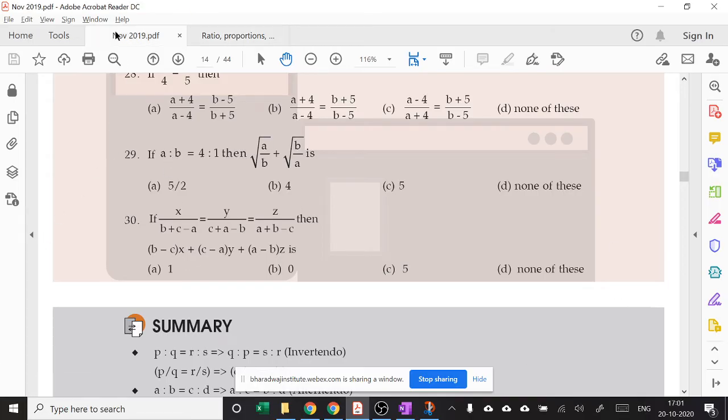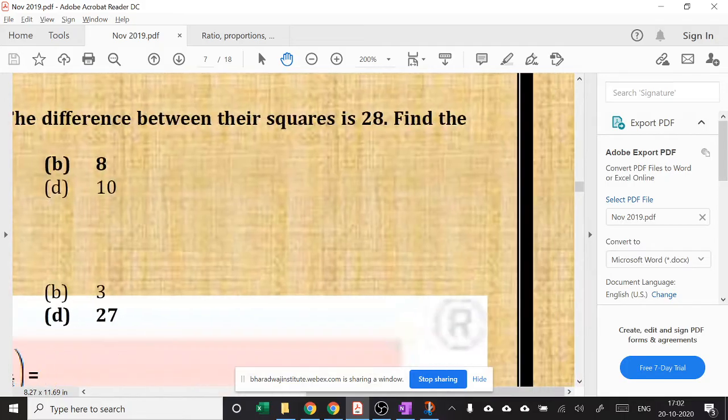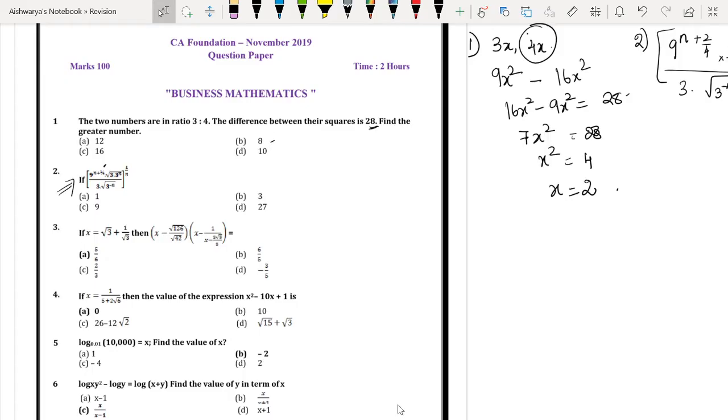One second, let me check. The question seems incomplete. They should have given it is equal to something. That is missing. Unless they give you that, you can't find the value of n.